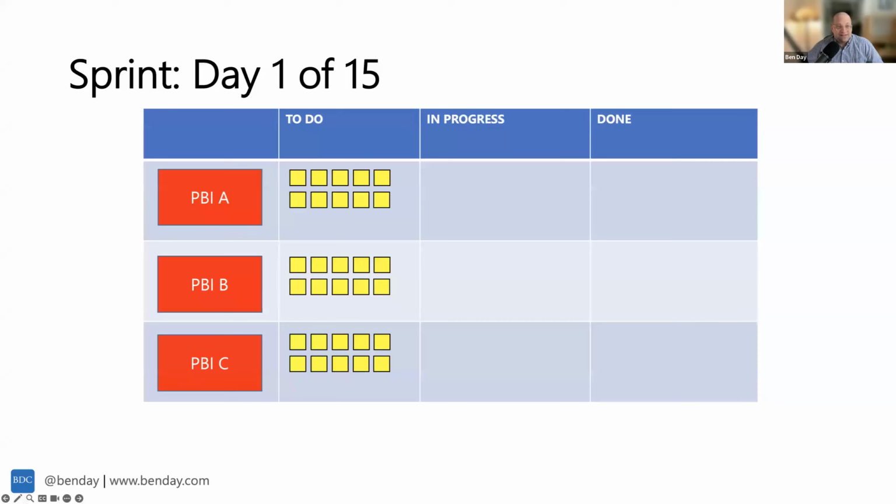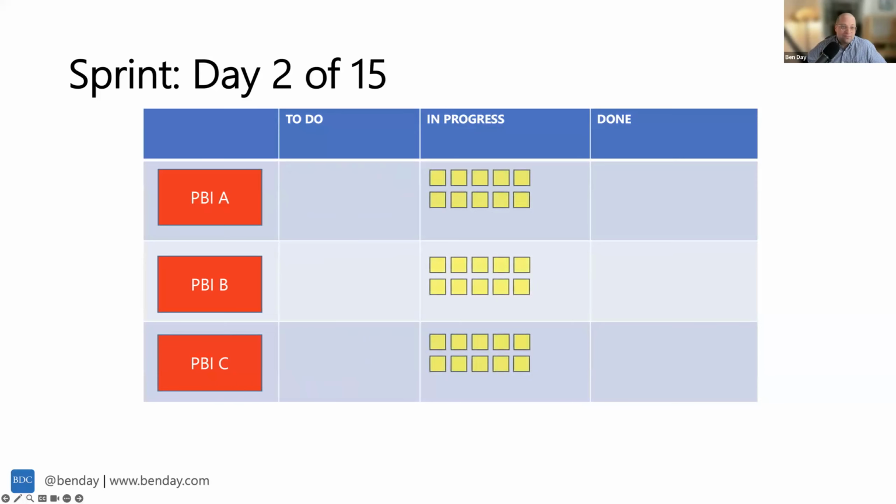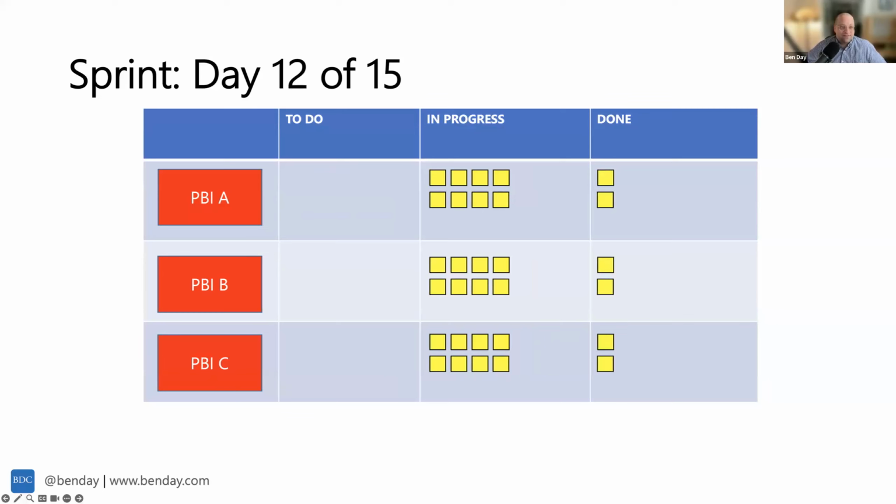Here's another way that this typically looks on your Scrum board. Day number 1 of 15. So you do sprint planning, and then on day number 2, everyone picks a PBI up and they start working on it, and they're working on it and working on it. And what you're really hoping for is that, once you get towards the end of the sprint, things start to get to done and everything's happy and wonderful.